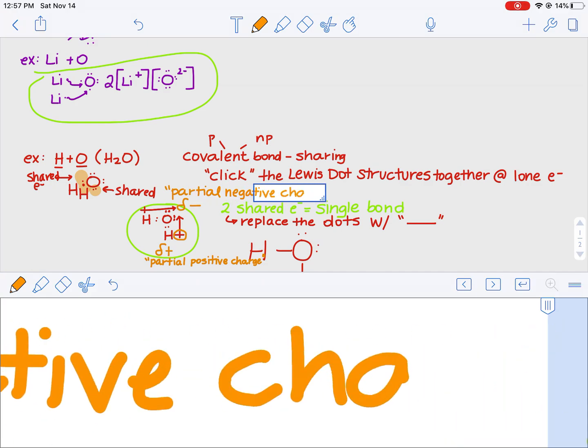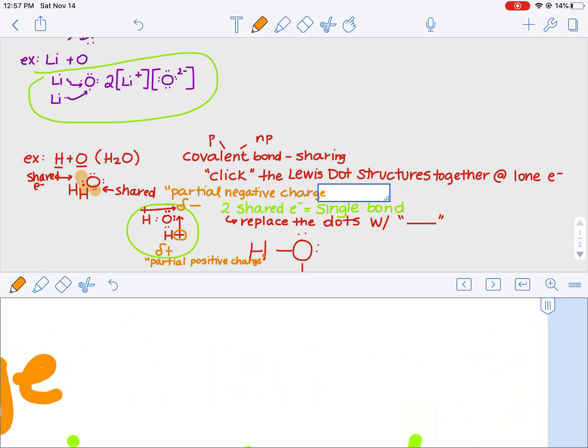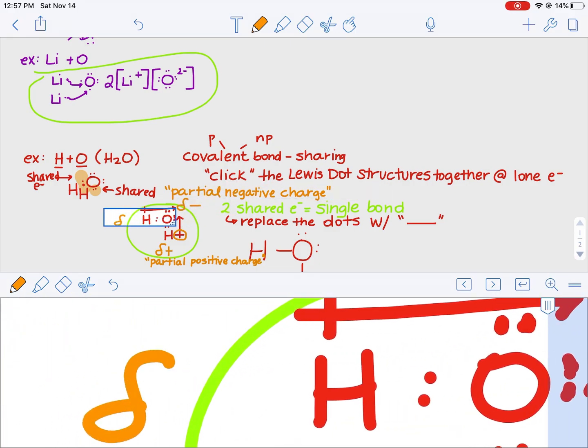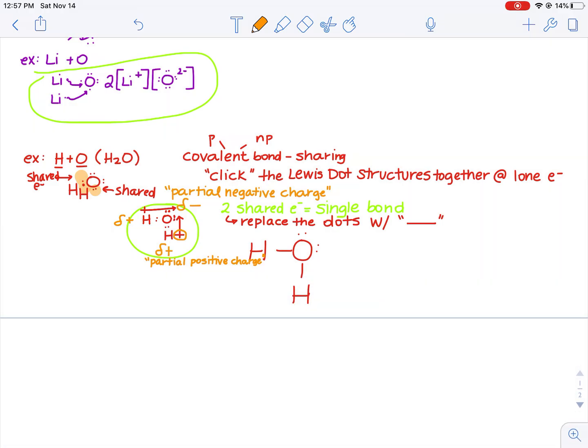That's where more of the electrons are hanging out more of the time. And my other hydrogen atom here will be that partial positive. And you could only do that for polar covalent bonds because that's the unequal sharing of electrons. And we're showing within our diagram where the bonds are happening and then which atom, if any, is hogging the electrons for more of the time.